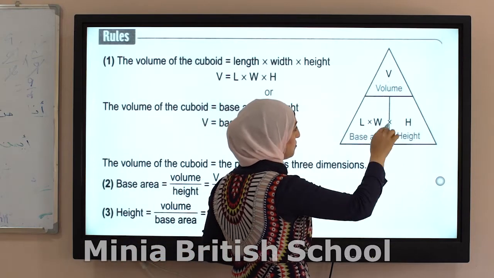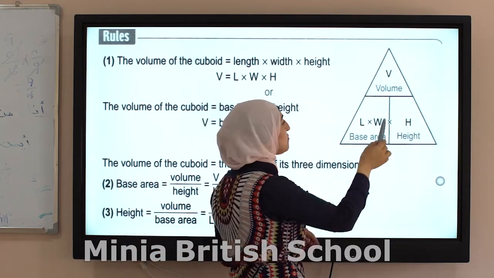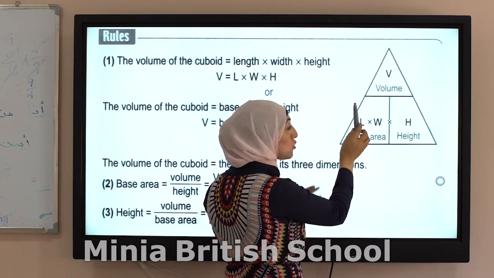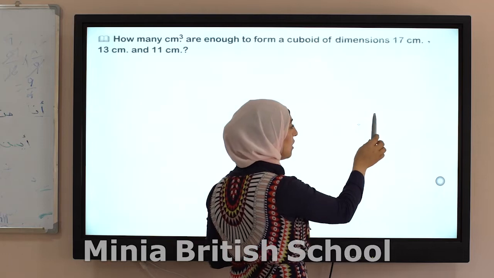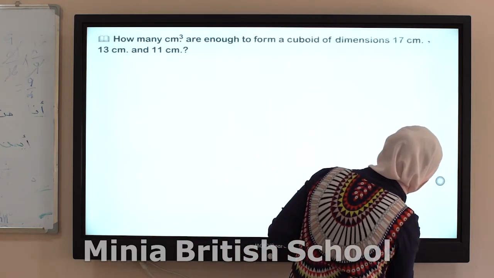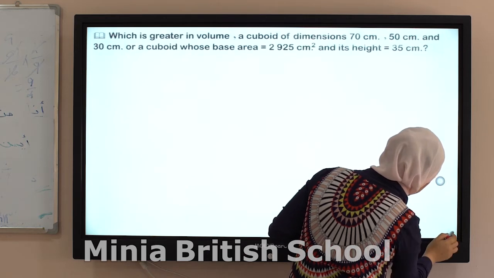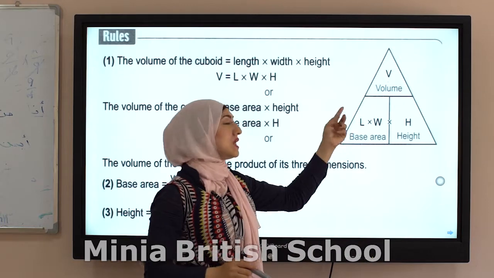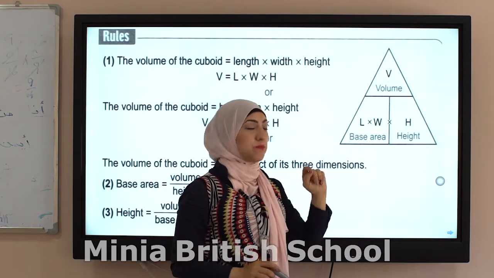In this triangle, we have volume, length, width and height: volume equals length times width times height.